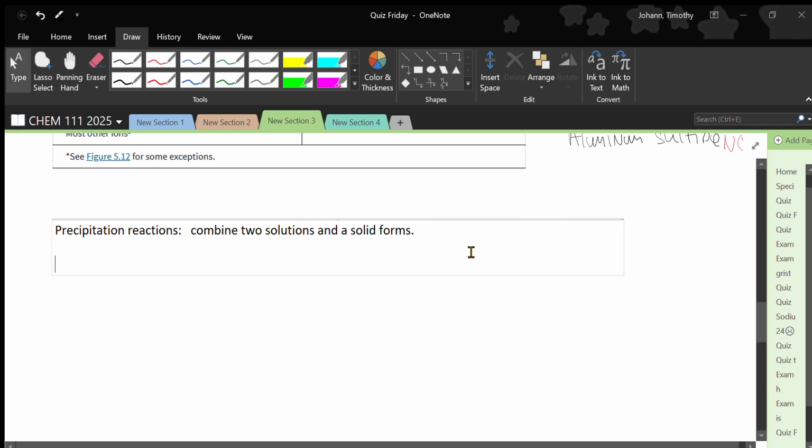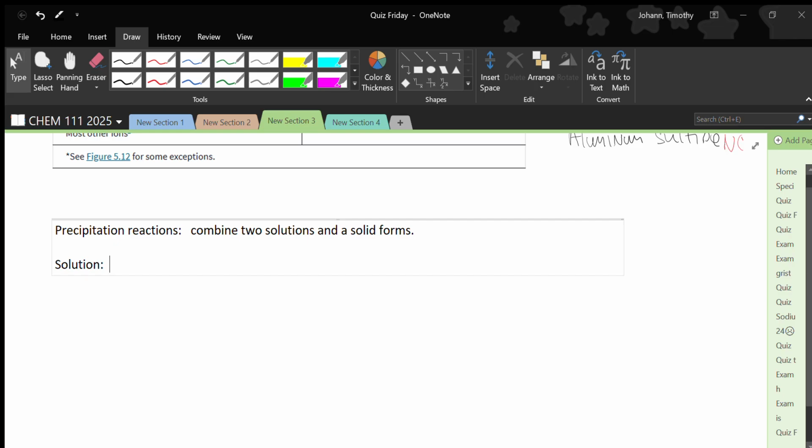Okay. And I want to remind you, when I talk about a solution, all the molecules, or ions, are separated from each other and surrounded by water. So a solution in water, and you can have a solution that isn't in water, but that's our focus today.